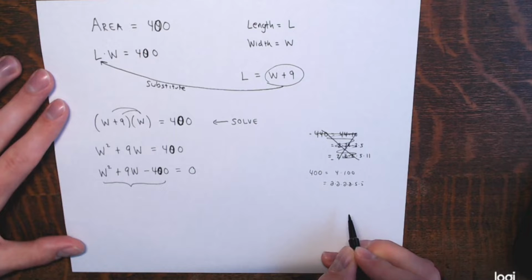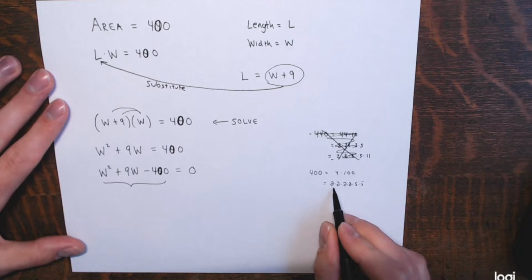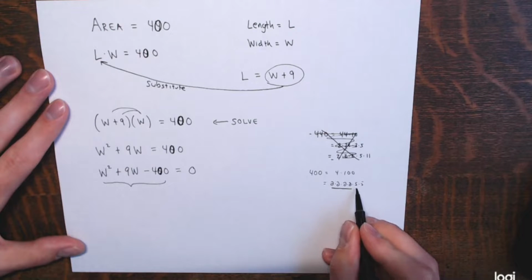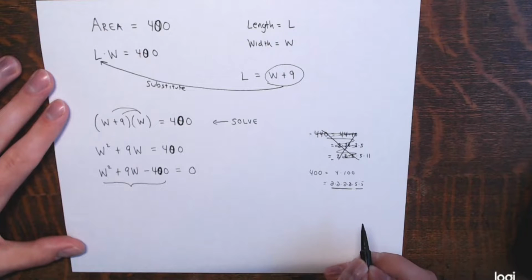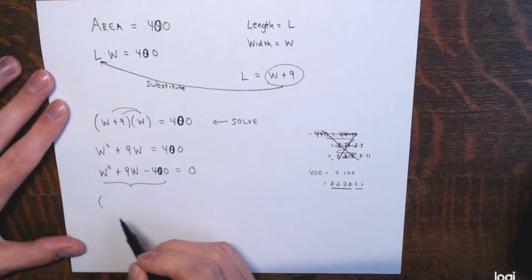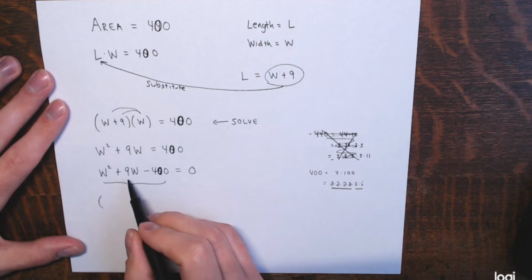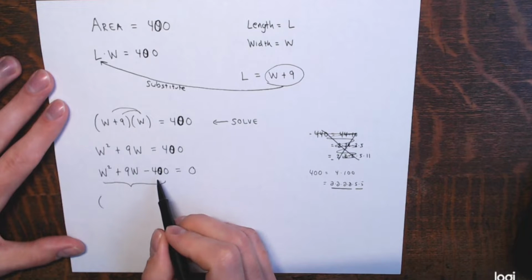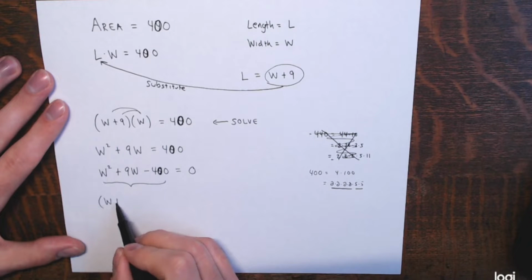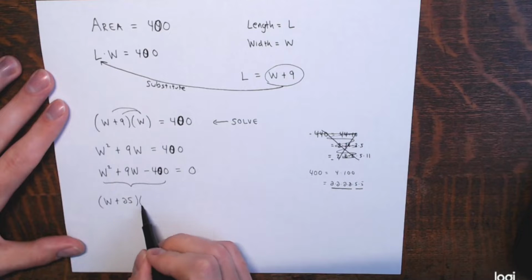Okay, so yeah, 16 and 25, those differ by 9. So the factors I'm looking for would be positive 25 and negative 16. So w plus 25 times w minus 16.